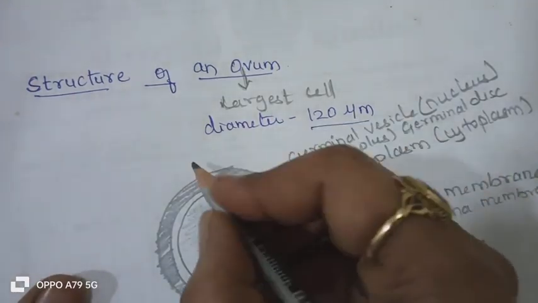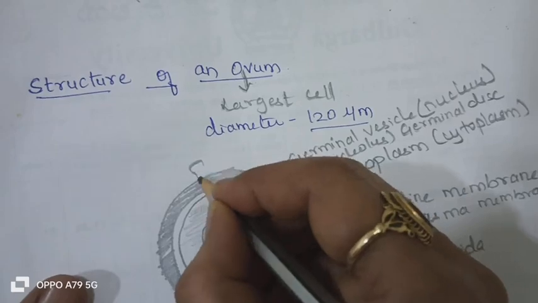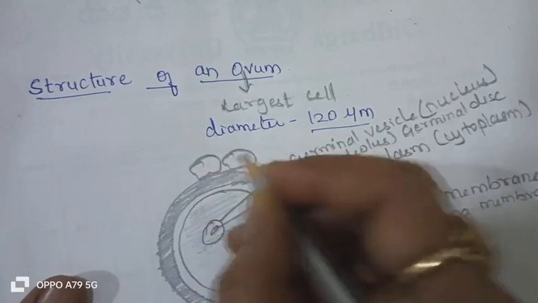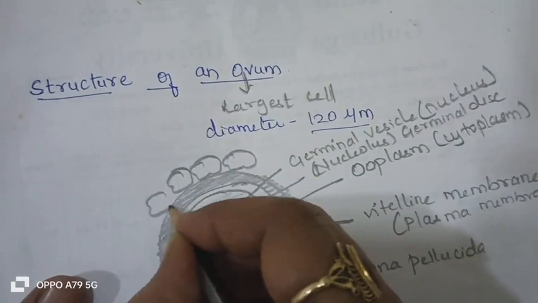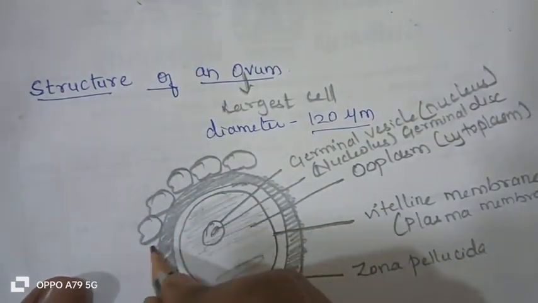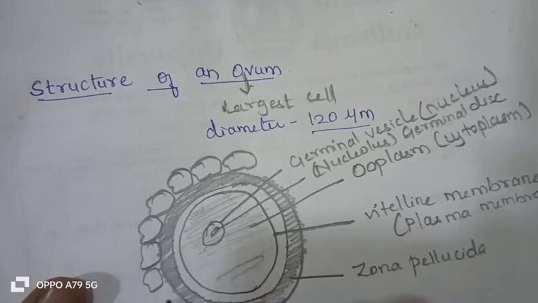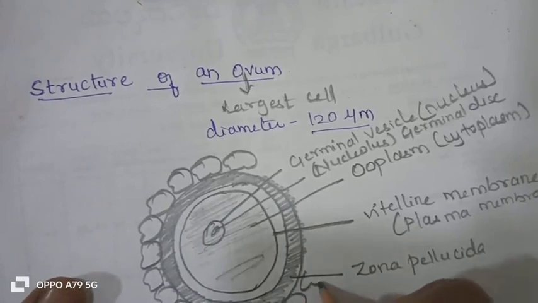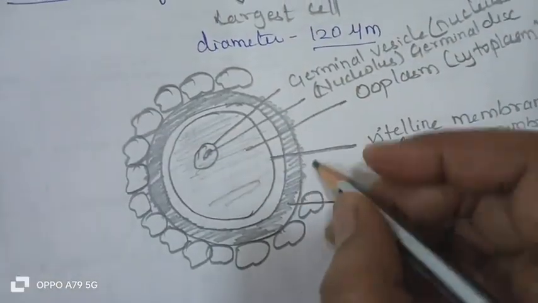Then surrounding this zona pellucida, there is the presence of follicular cells, which we are going to draw something like this.